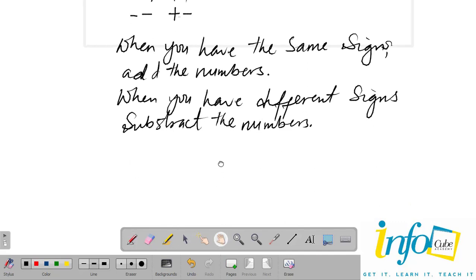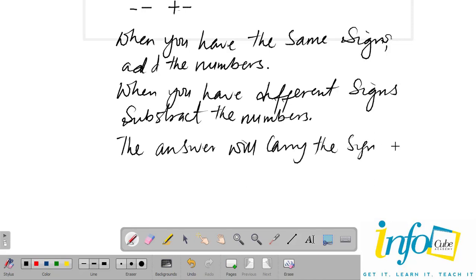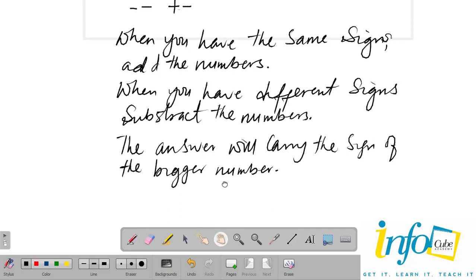By the time you have finished doing this operation, the answer will carry the sign of the bigger number.